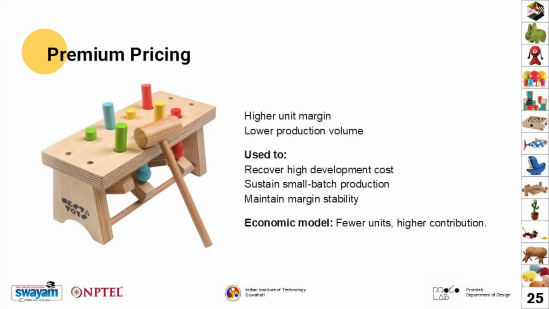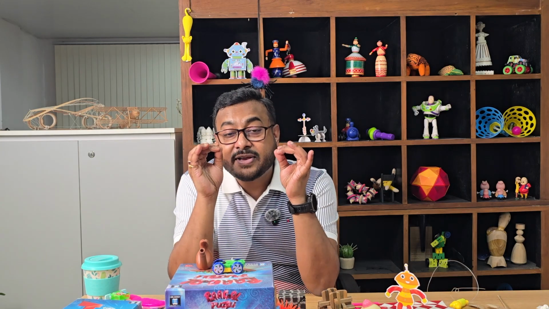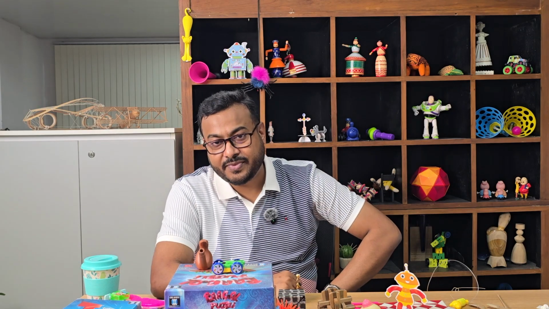A robotic learning kit priced at rupees 4,999 is not being evaluated purely by material weight. It is evaluated by perceived transformation. Will this improve my child's skills? That perceived developmental return justifies higher pricing in the minds of consumers.